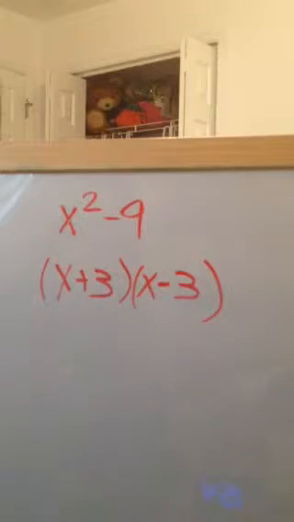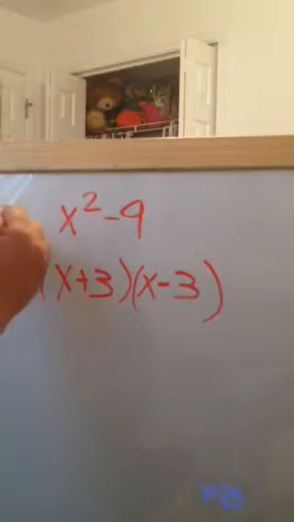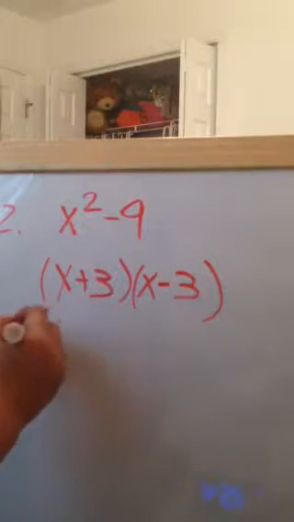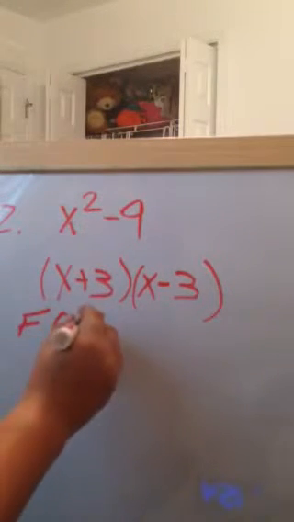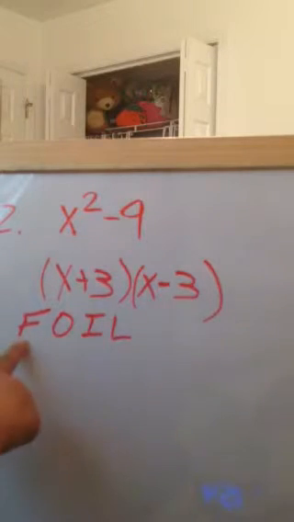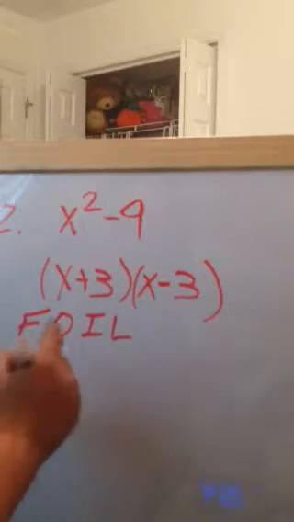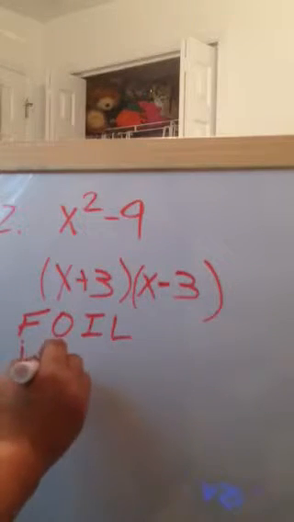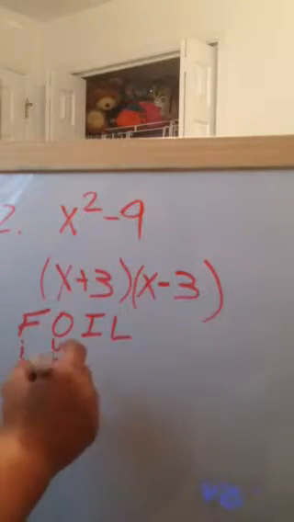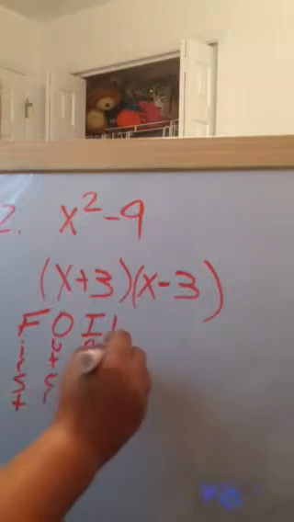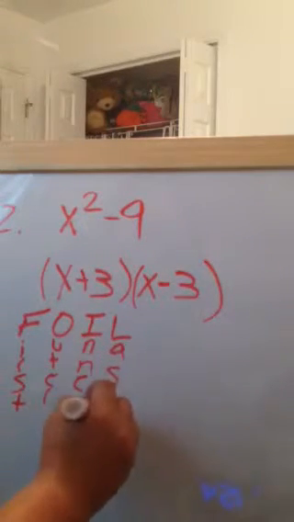Now, if you're not positive you have the right answer, then all you have to do is use the FOIL method. F stands for first, O stands for outer, I stands for inner, and L stands for last.